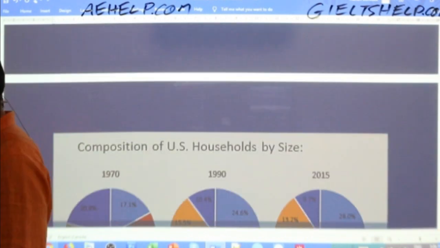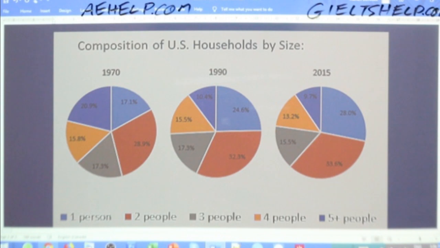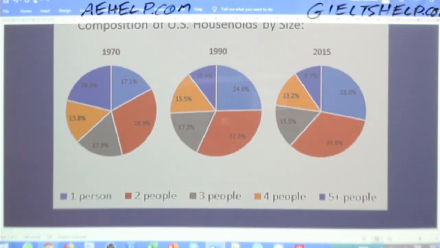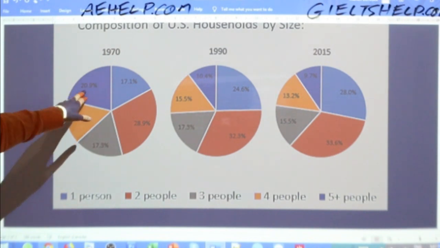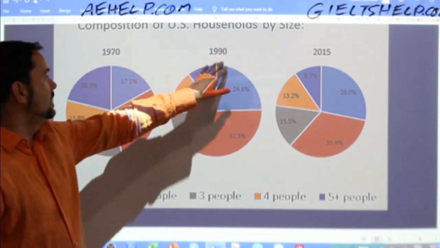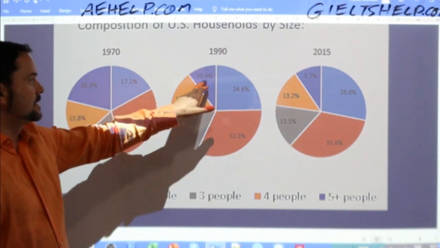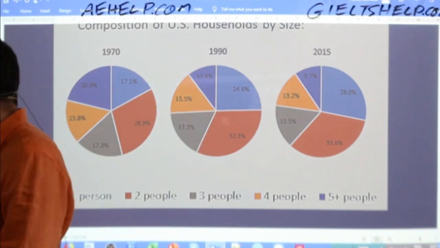So many students, what they will do is they'll look at this first pie chart, 1970, and they'll see that this is 20.9% for one person. They'll look at 1990, and they'll see that this is 10.4%, and then they'll write a sentence like this.